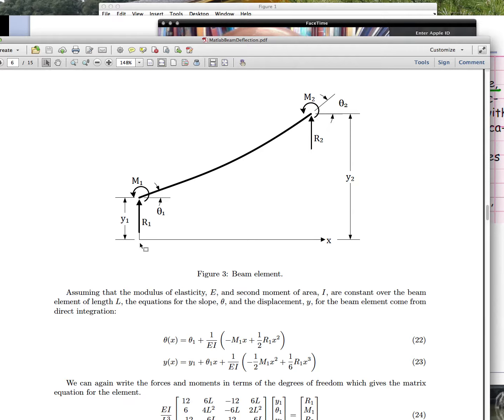So we have a deflection Y1 and an angle of slope theta1, and at the other end we have a deflection Y2 and an angle of deflection theta2.